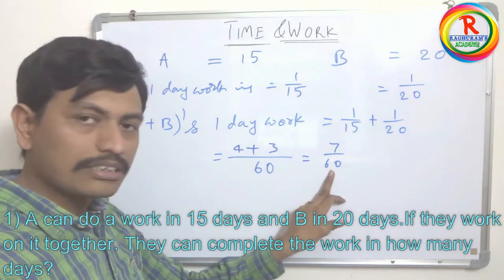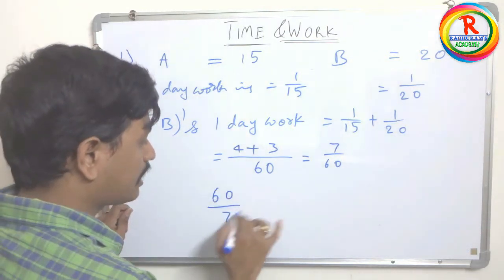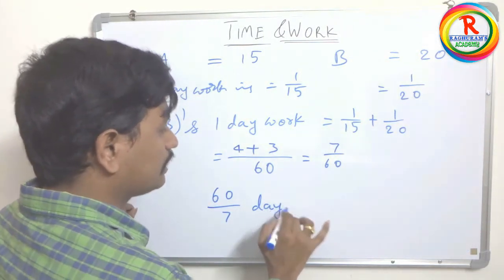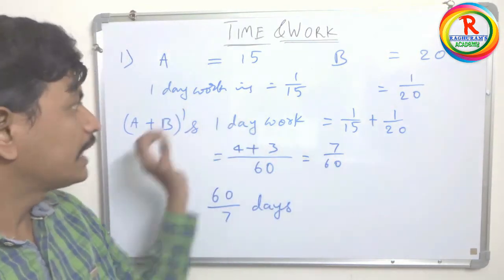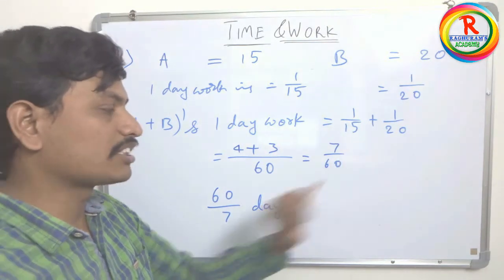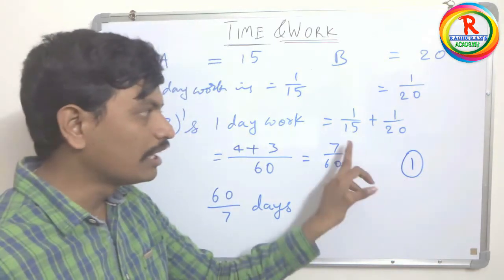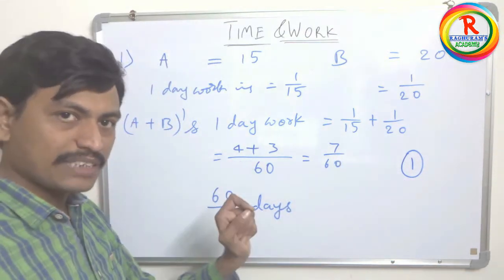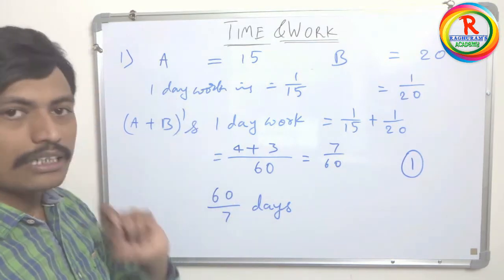Like this, after getting the answer, get the reciprocal. That is 60 by 7 days. In 1 day, they together complete a part of the work, 7 by 60. Total work we always take as 1, and 7 by 60 is 1 day's work. So the reciprocal is 60 by 7 days. They together complete the work in 60 by 7 days.